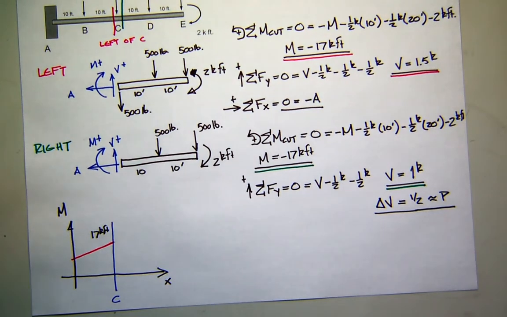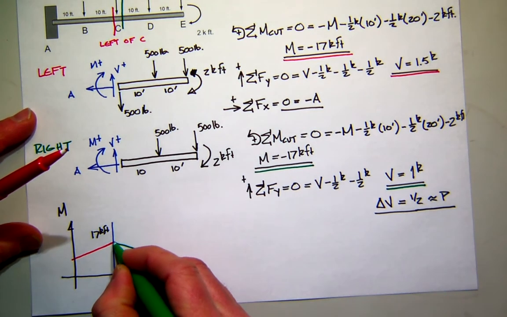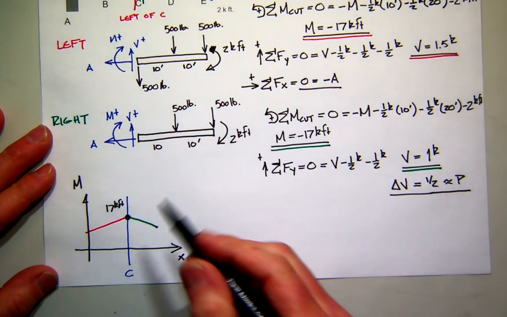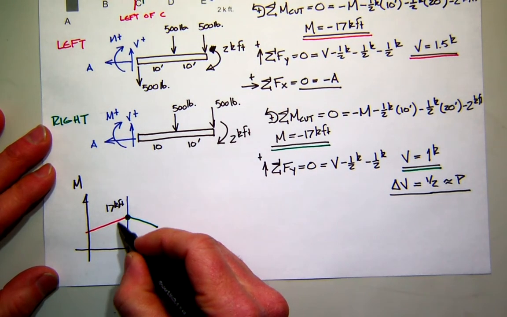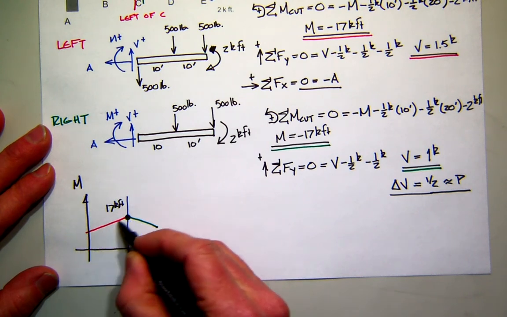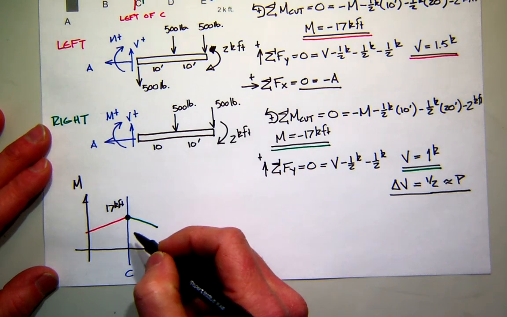And then when it leaves and goes to the right, it might actually change, but the value does not. Can you explain that one more time? Which part? That whole figure. It's just showing that as you move from the left side under a point load to the right side, your moment does not change. Okay. Now, the way it's behaving before and after can change, but there's no jump.